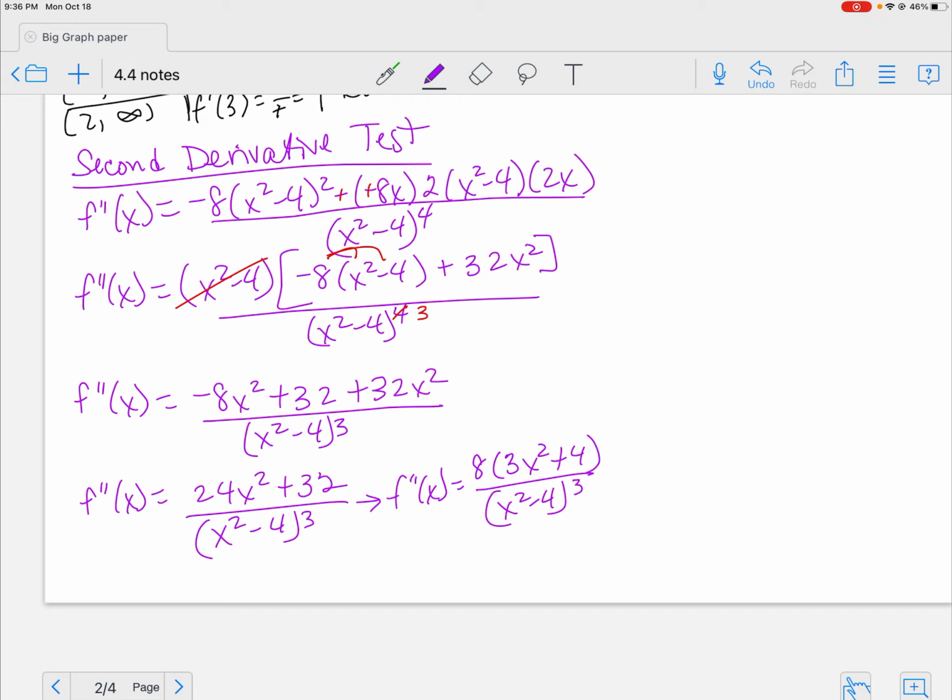What do you automatically know is happening there? Yes, that denominator if I have critical values. Remember, critical values come from where I have undefined and where it is 0. So for my critical values, I know x is equal to positive and negative 2. Now let's talk about this numerator here for a second.